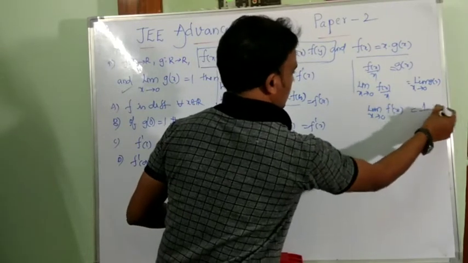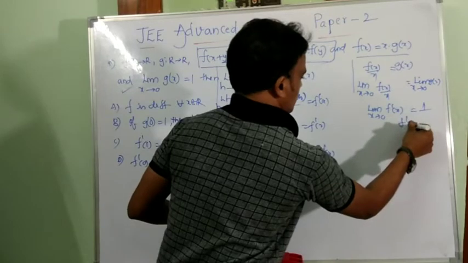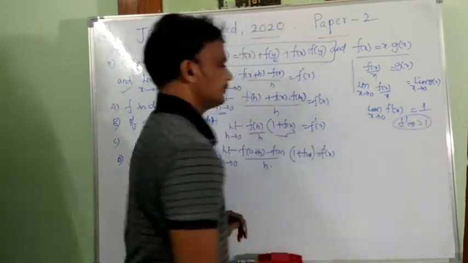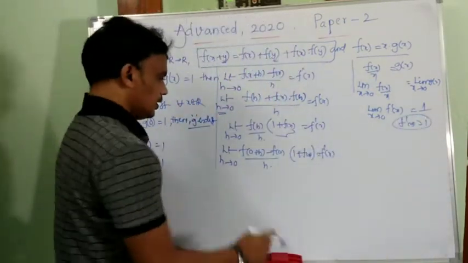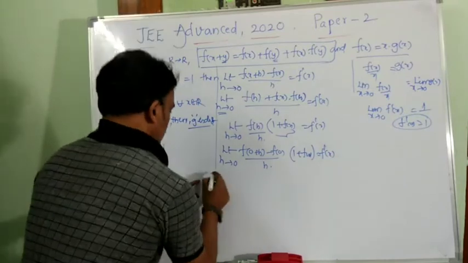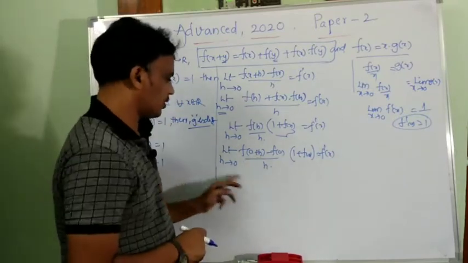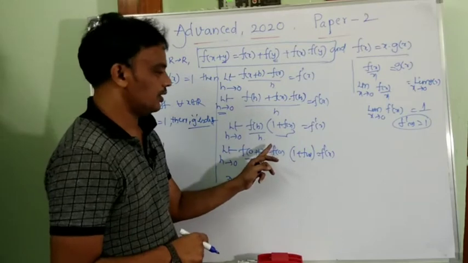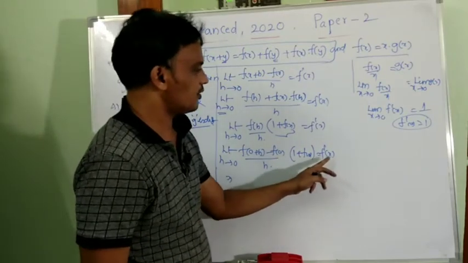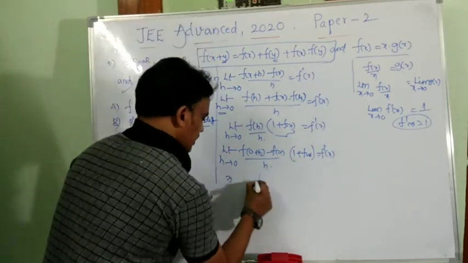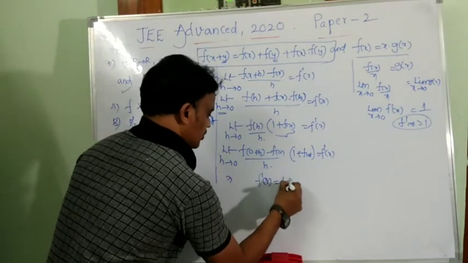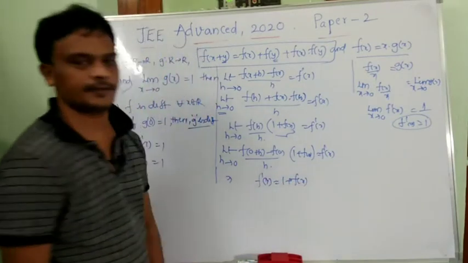This value is already 1, that means f dash of 0 is 1. So this is f dash of 0 into 1 plus f of x is equal to f dash of x. Finally, I can write f dash of x equals 1 plus f of x.